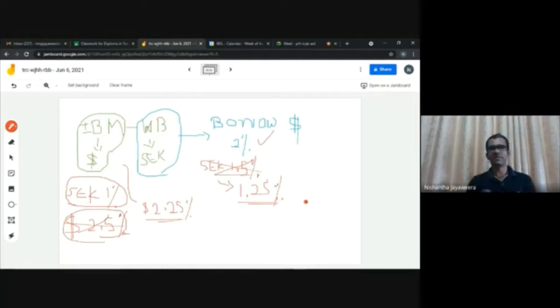Indeed, IBM and World Bank, if I remember, somewhere in 1972 or 76, the very first transaction took place. The concept is this: different participants have different access to different markets. The bank in the US has cheaper funding in dollars, but if they try to borrow in sterling pounds, their cost may be high.